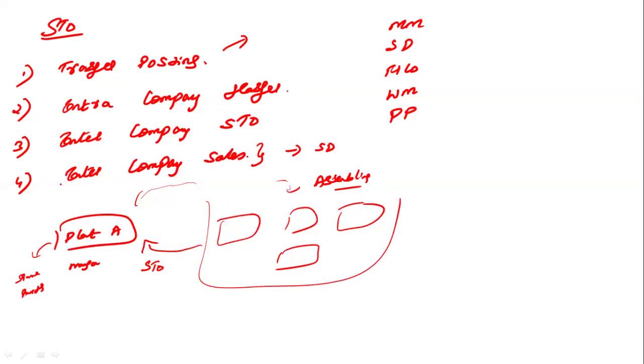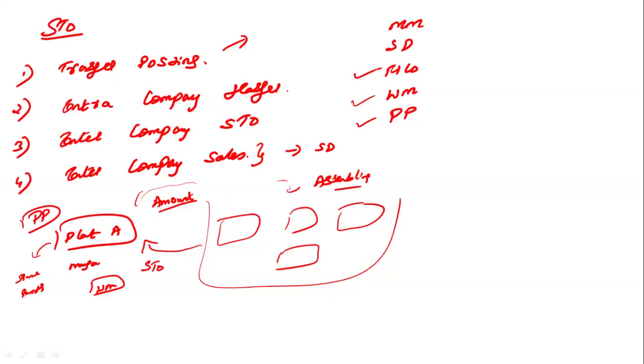In this case, plant A is completely doing the manufacturing, which depends on production planning. So you need production planning. Plant A is storing it in the warehouse, so you need warehouse management. Whenever the material is transferred from plant A to plant B, the amount is also transferred. Whenever an amount comes into the picture, an FICO consultant comes into the picture.